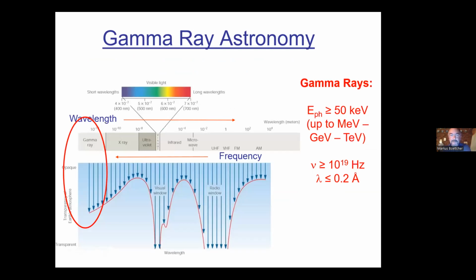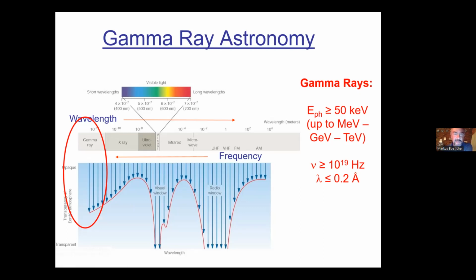I'm sure you're all familiar with optical telescopes, with which we observe visible light from the ground. We can do that because our atmosphere lets that energy through. But in most other wavelength bands, except for radio waves, the atmosphere is absorbing this radiation.